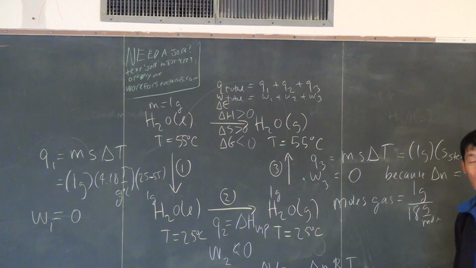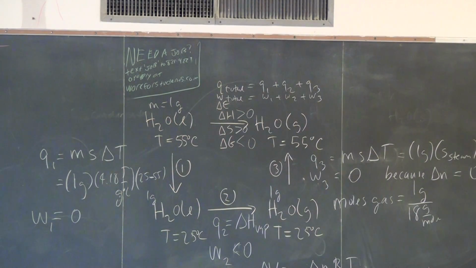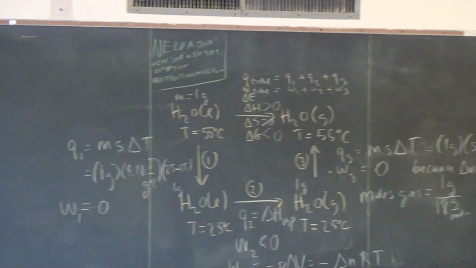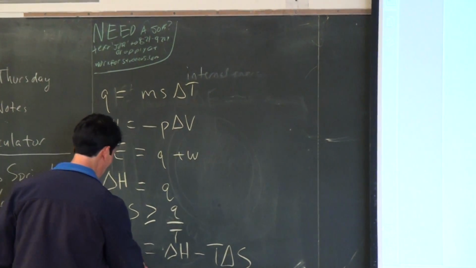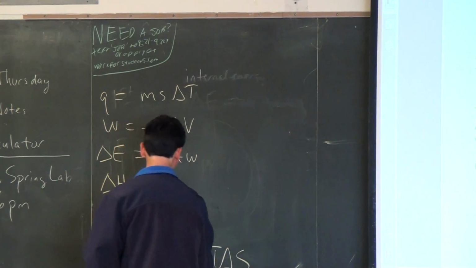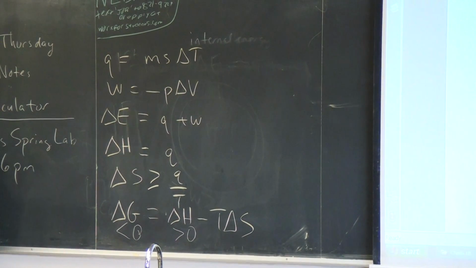Which state of matter is more disordered or more random? Yeah, gas. And then if you look at this formula here, remember that there's two driving forces which determine whether a reaction occurs. So we want delta G to be less than 0. And if delta H is greater than 0, that means delta S has to be greater than 0.